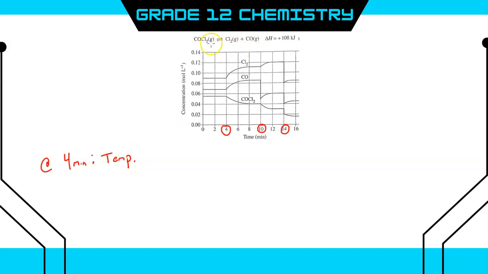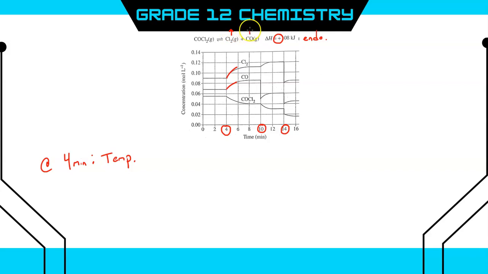Now, we don't have our energy term inside of the reaction. We have it over here. It tells us our enthalpy change, which is positive. Therefore, this is an endothermic reaction. And here we have chlorine and carbon monoxide increasing.